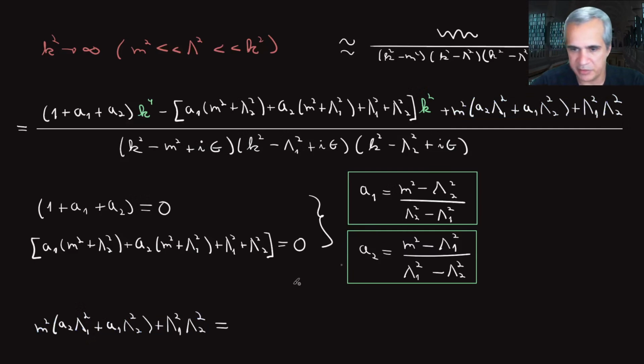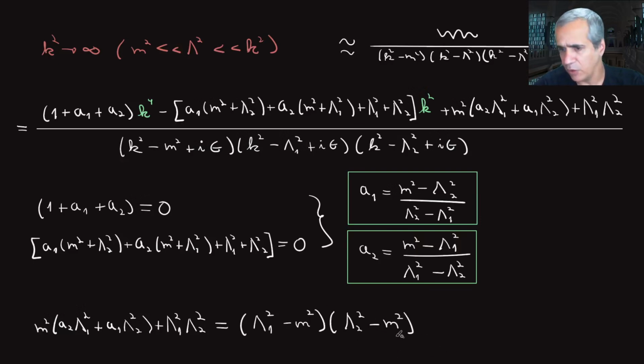With these 2 substitutions for A1 and A2, this will be just lambda 1 squared minus m squared times lambda 2 squared minus m squared. Again, just algebra, and this turns out to be pretty simple.